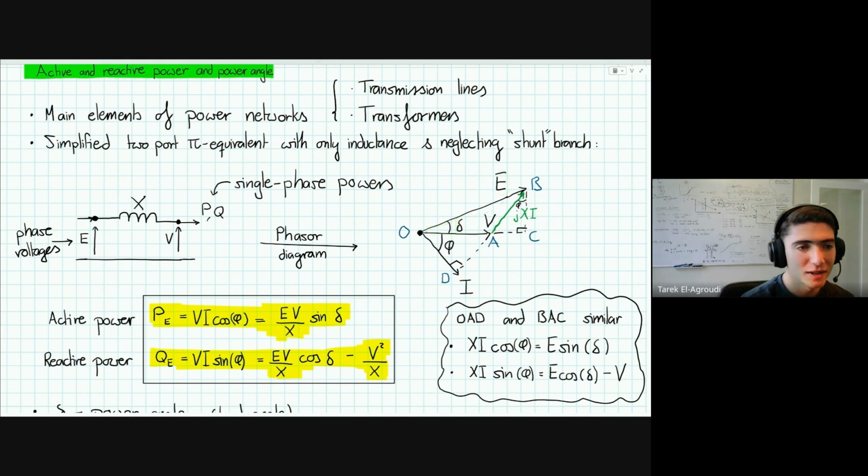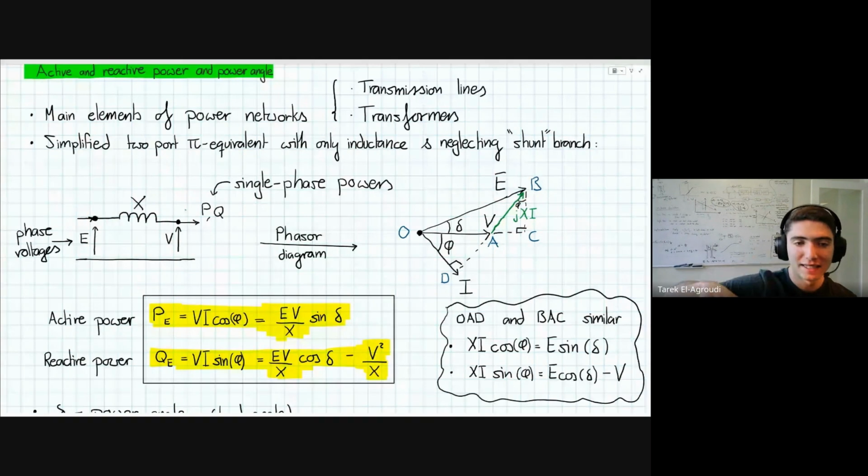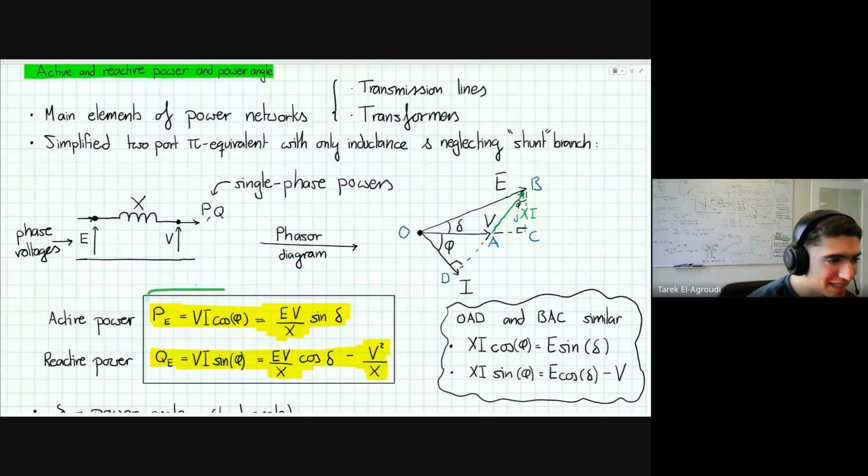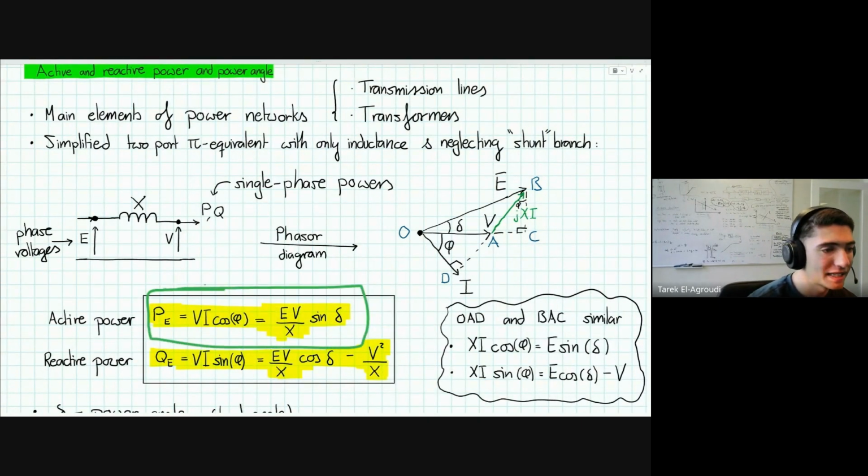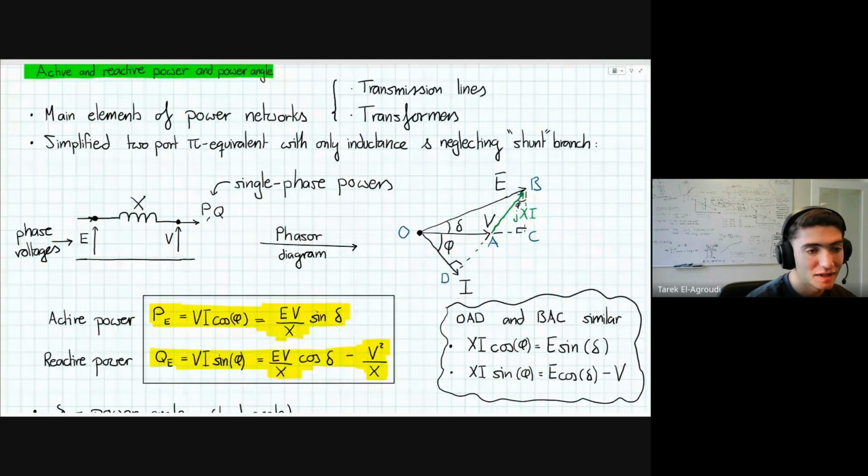And this angle is called the power angle, and they're at an angle because inductors introduce a phase shift between the two AC voltages. So while a resistor just scales it up or down, inductors actually also shift this in phase.